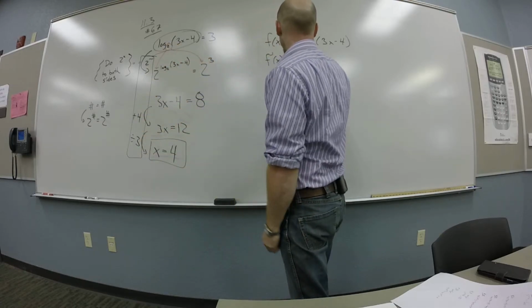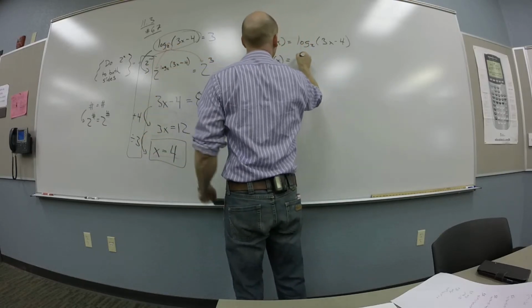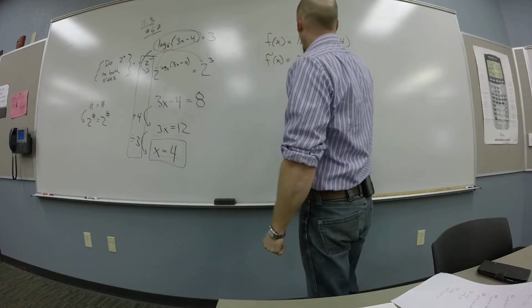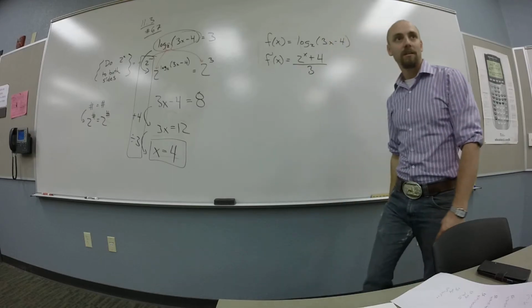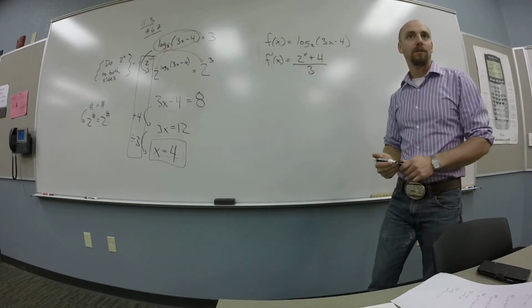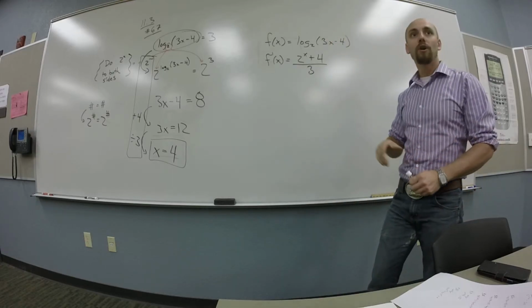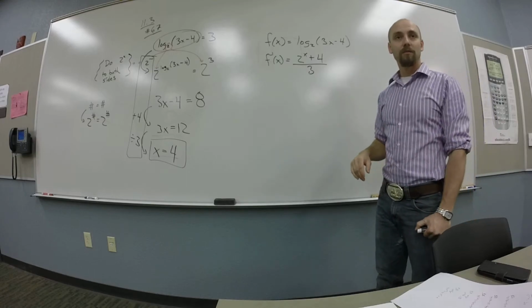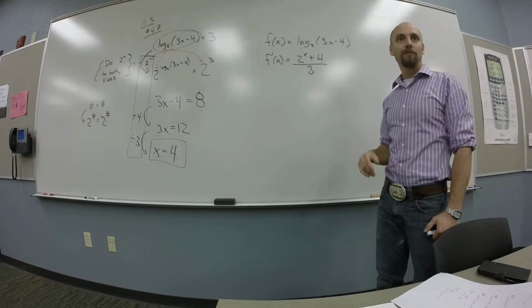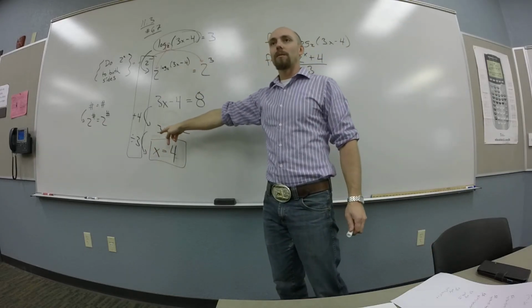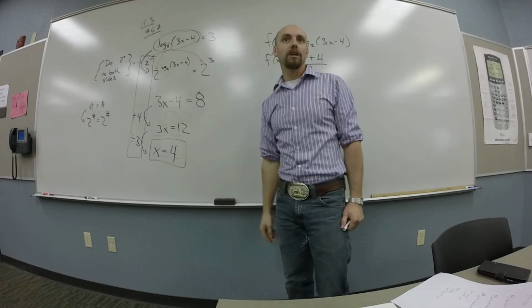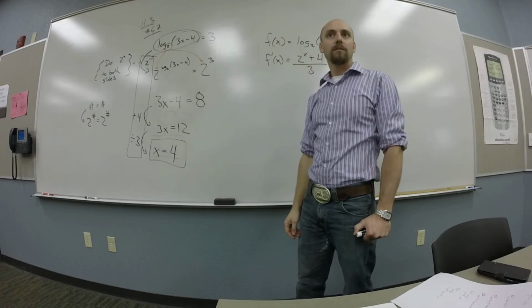I start with an x, I put a 2 under it first, then I add 4, then I divide by 3. Nice. You guys see that? So no need for those bubble diagrams we were doing before. If you're solving for something, you get one of those bubble diagrams automatically. It's just the steps you're doing on the side. Cool?